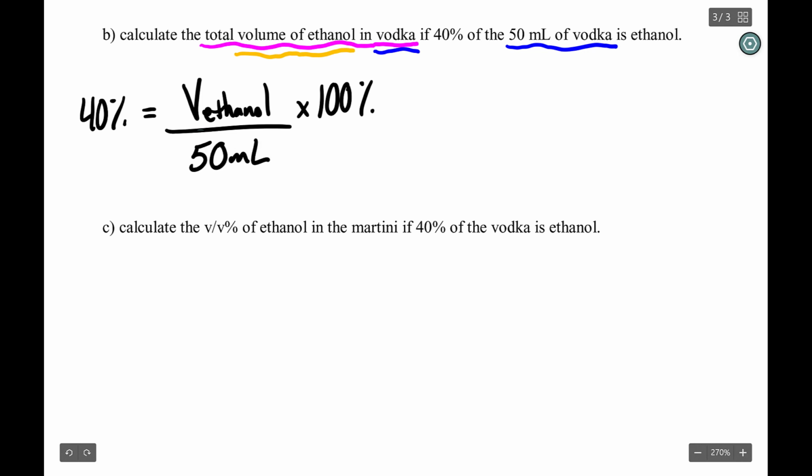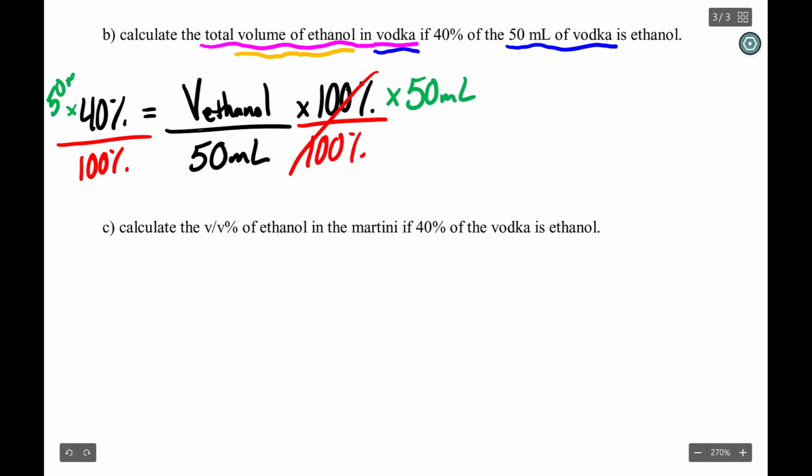And then I have to rearrange the equation. I'll bring the 100% across by division. And then I have to bring the 50 milliliters over by multiplication. And that'll cancel out the 50.